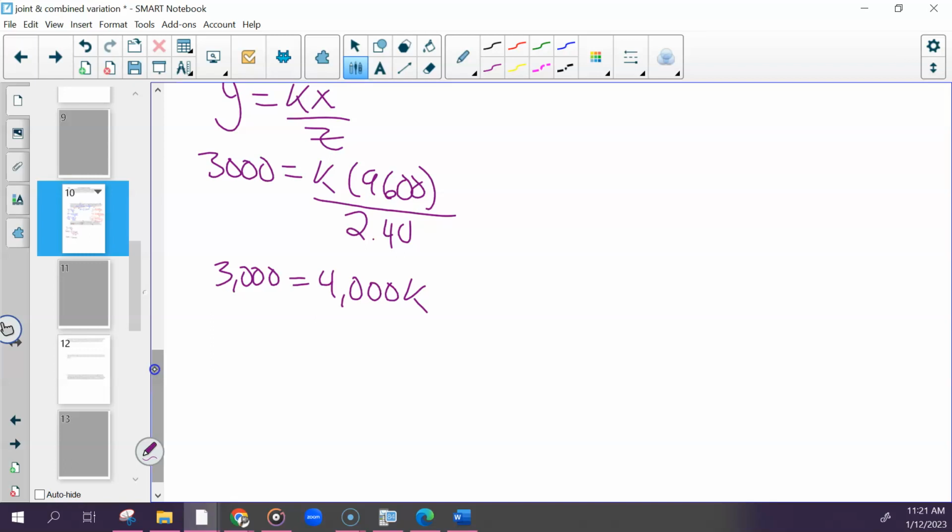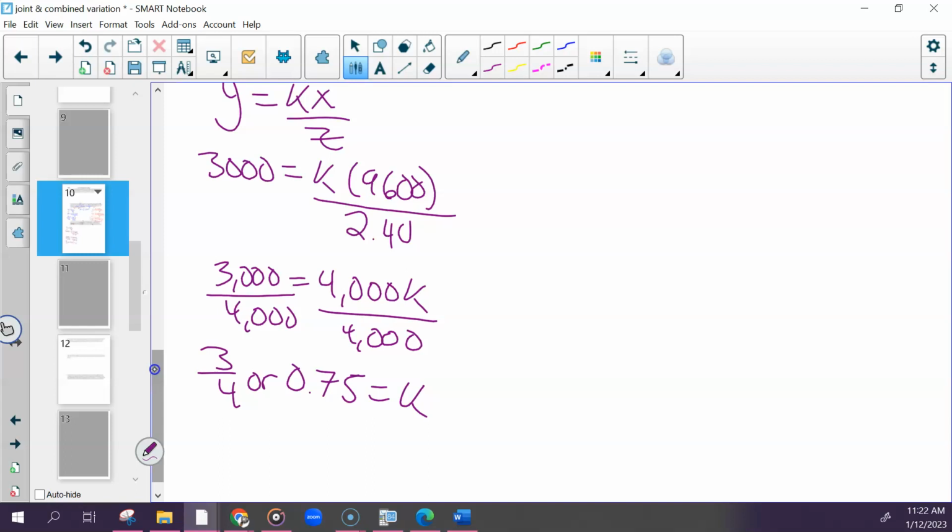And then to get k by itself, divide both sides by 4,000. So 3/4 or 0.75 will be your k value. You can use either or. The decimal might be easier to use than the fraction though.